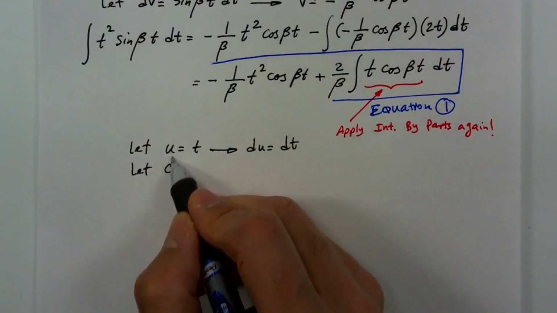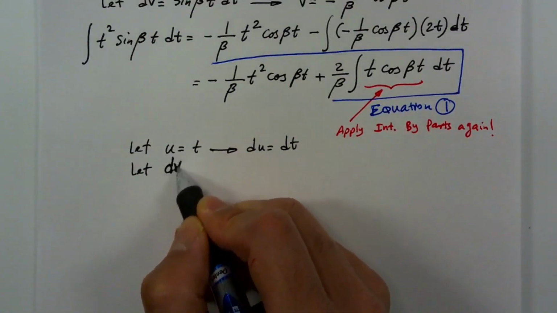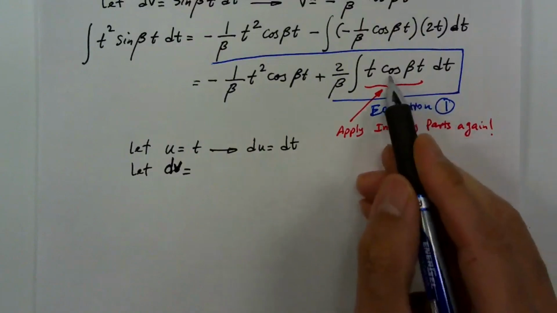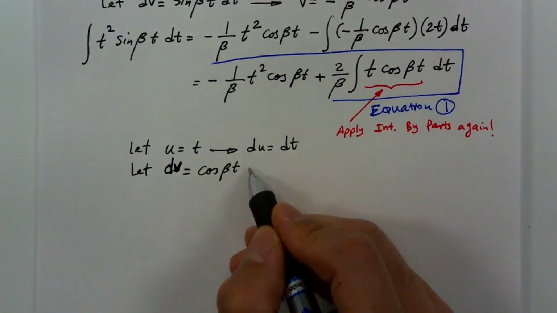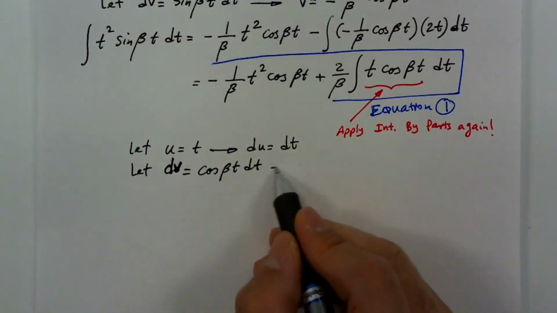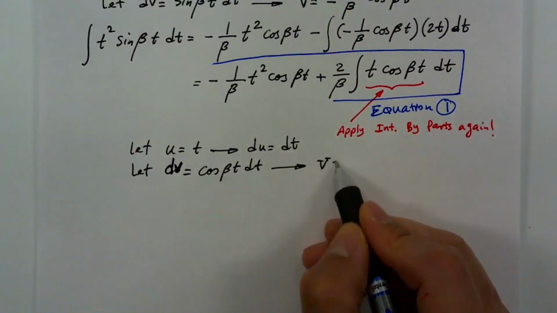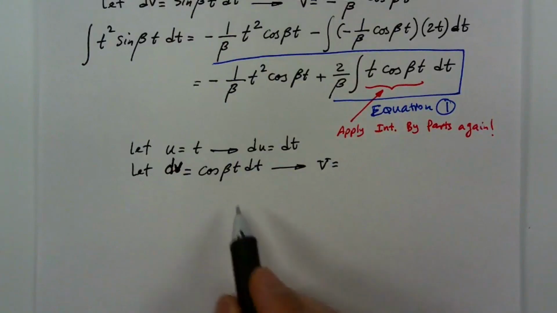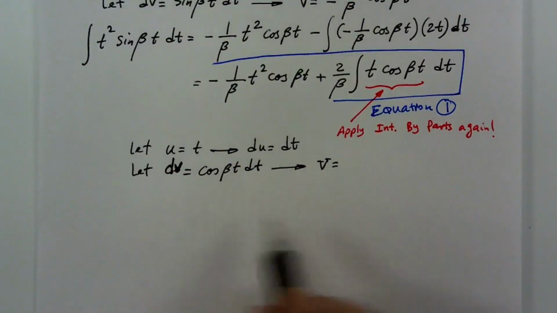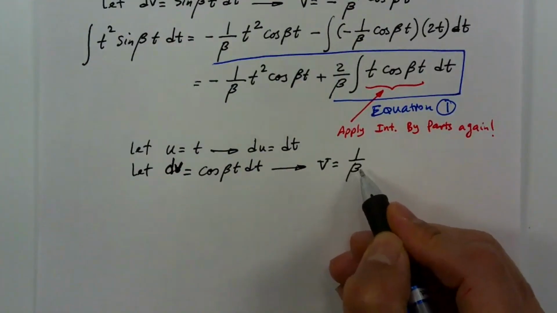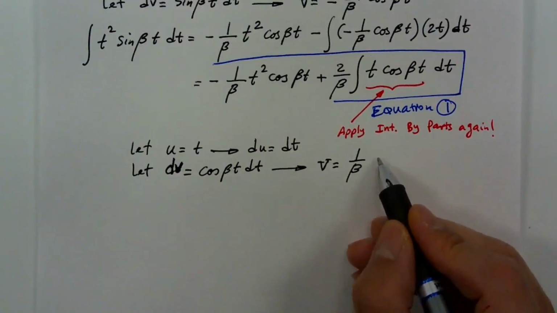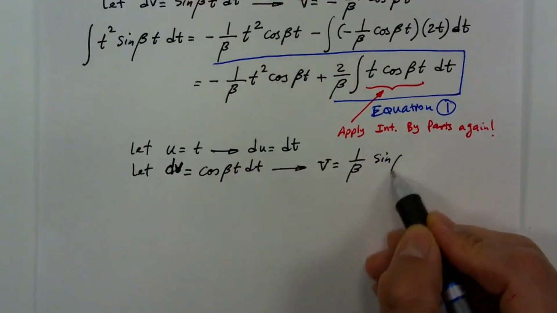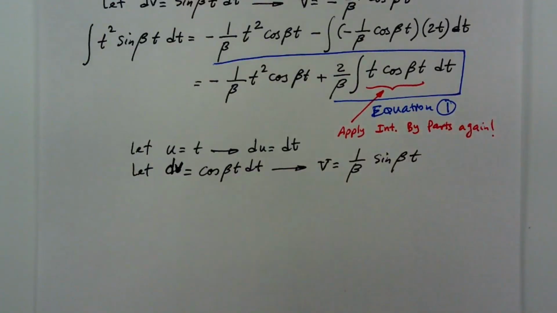So let dv be equal to cosine of beta t dt, and we're going to calculate v by finding the integral of this, and that would be 1 over beta times sine of beta t.